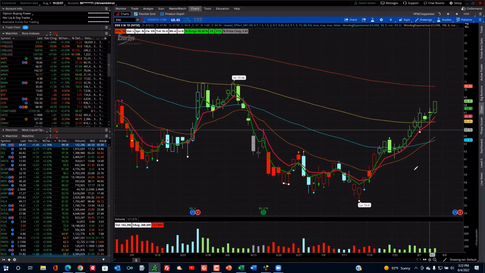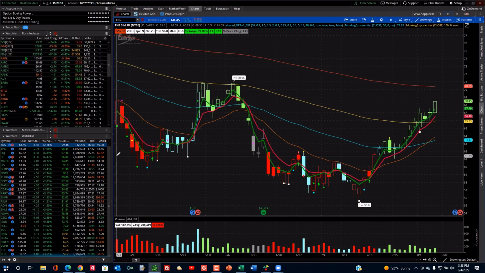So by looking at the intraday and combining the list from HGSI, I can quickly bring this list into HGSI, do my screening in HGSI, and then look for my real-time analysis in Thinkorswim. And if I want to make a trade, it's all right here in front of me.